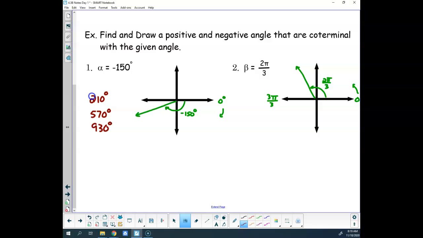What's a negative coterminal angle? Negative 510? Yep, negative 510 degrees. I also had negative 870 and negative 1230 degrees. All of those are coterminal with those.